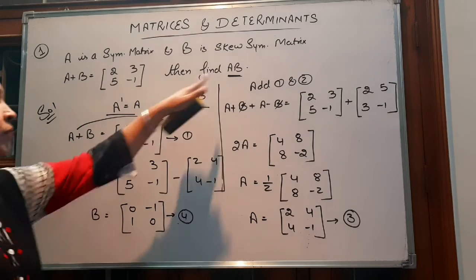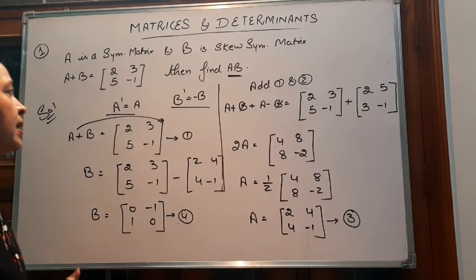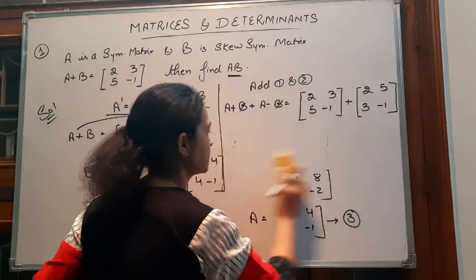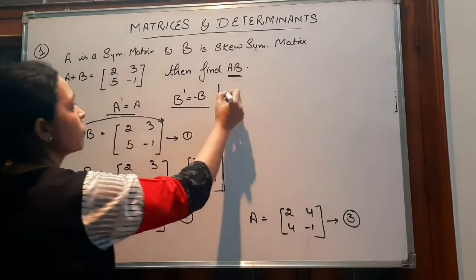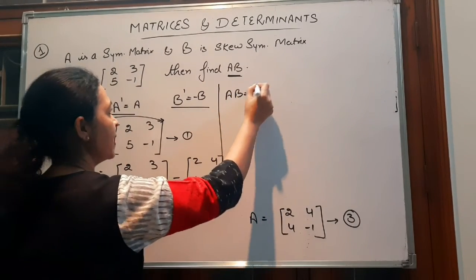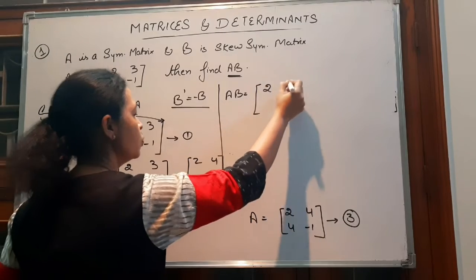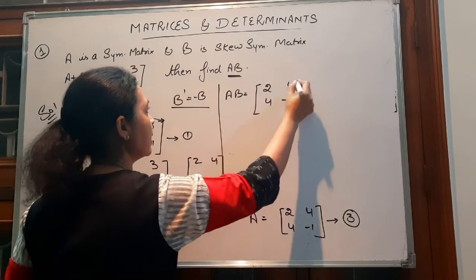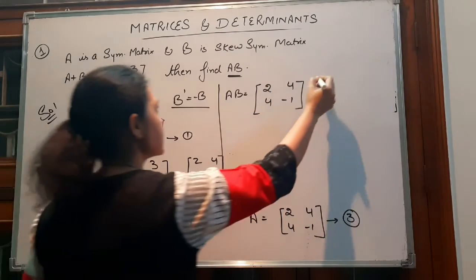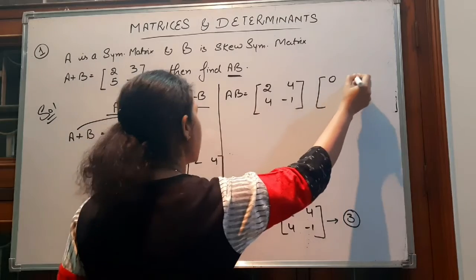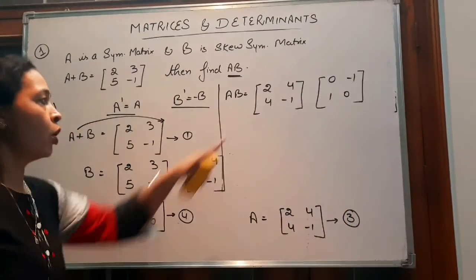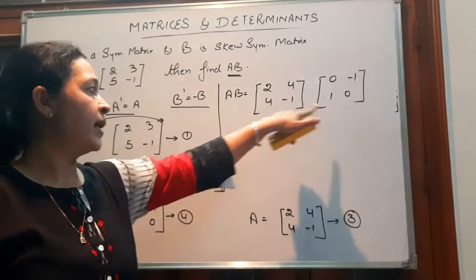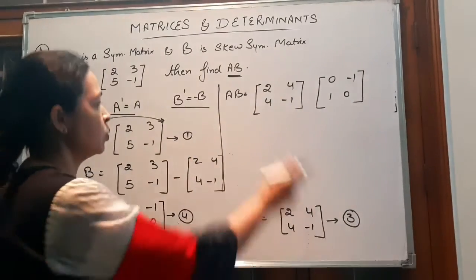Now what do we need? We need AB. AB means matrix A multiplied by matrix B. For AB, first write matrix A, which is 2, 4, 4, minus 1, and matrix B is 0, minus 1, 1, 0. The order of matrix A is 2 by 2 and matrix B is 2 by 2.